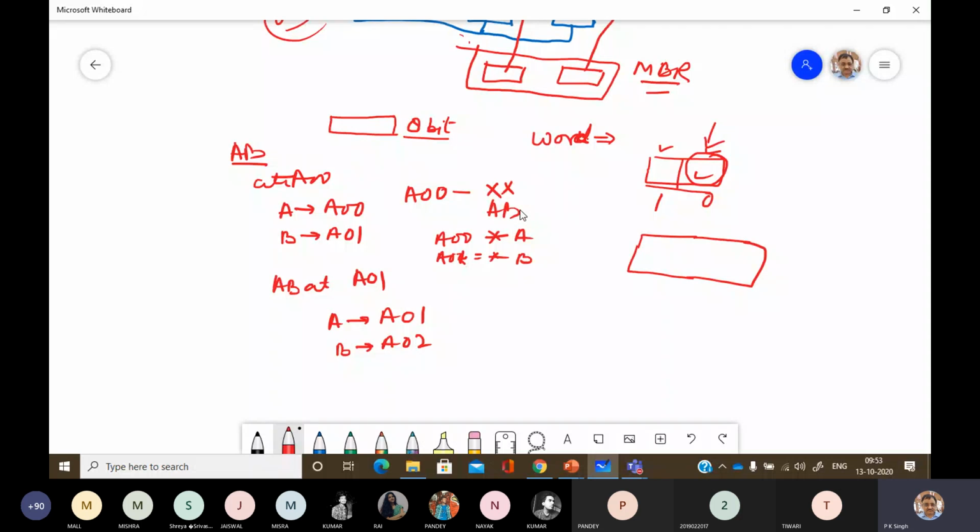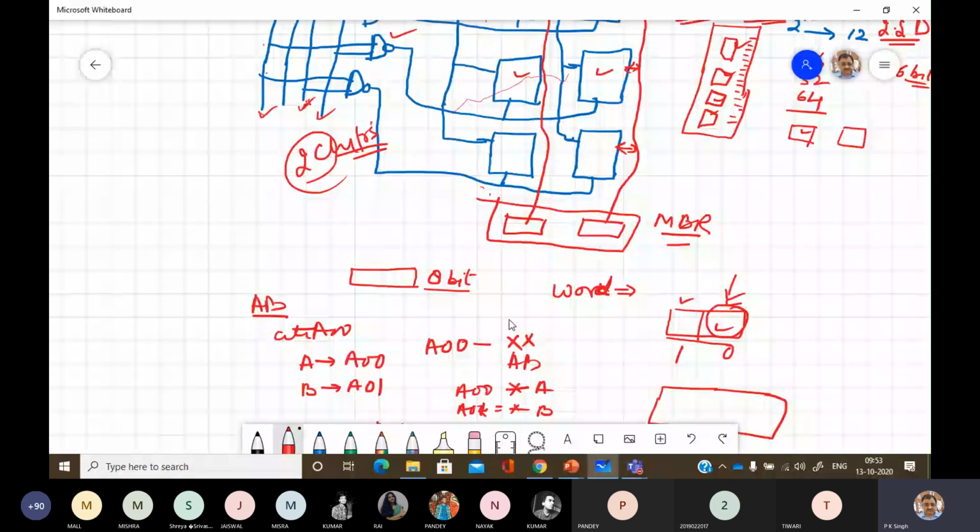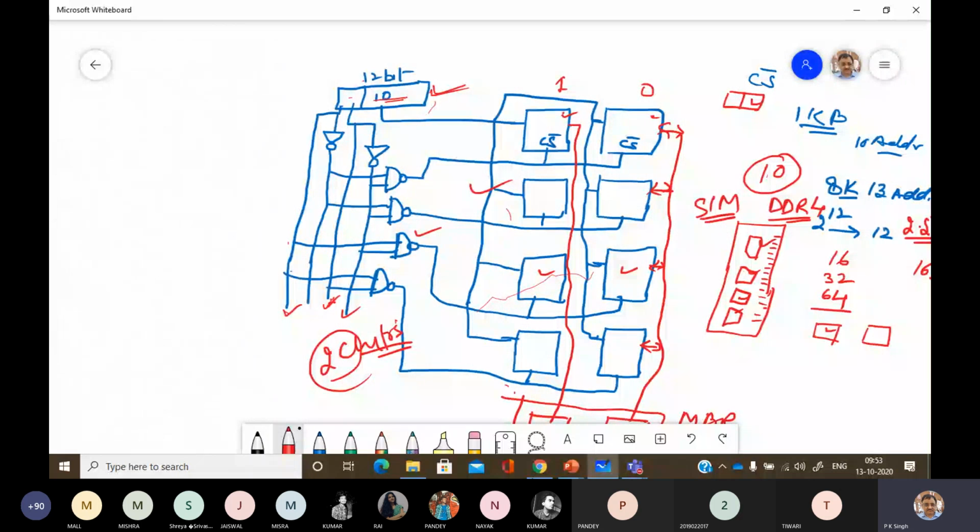Now see how we perform the retrieval operation. If you have to read a byte of information from the even memory bank, then you generate this address, and the corresponding addresses of all chips get selected.